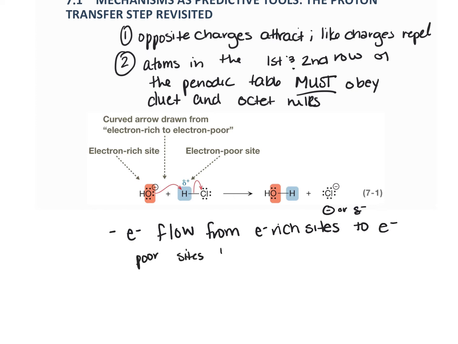These will be things that are positive or partially positive. The other type of electron-poor site that you have besides positive or partially positive is one that lacks an octet.